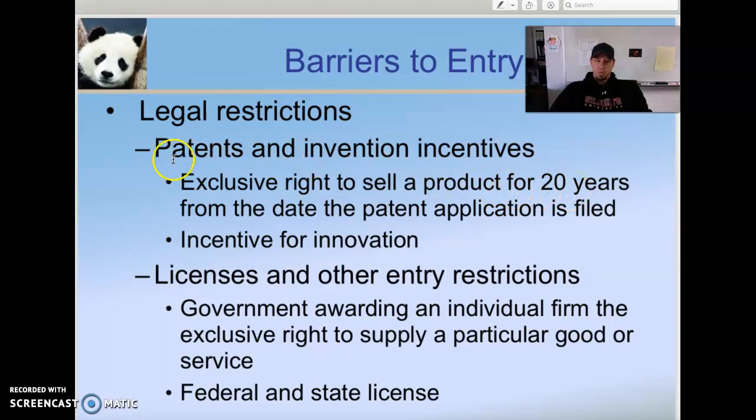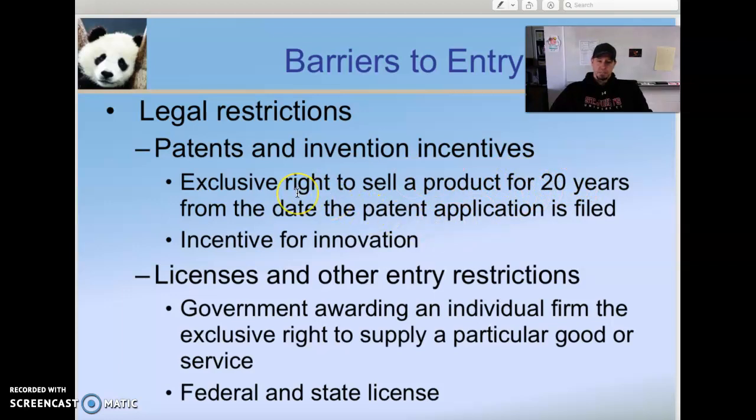So you come up with an idea, a new medication, something like a vaccine for the coronavirus. You have the right to patent that and be the exclusive provider and profiteer off of that for 20 years. After 20 years, generics are allowed to be made.